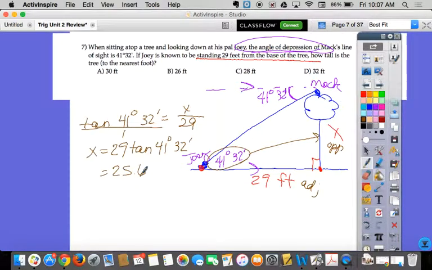And I get 25.68. They said round, so you need 26 feet as your answer. So option B is the one that we need.